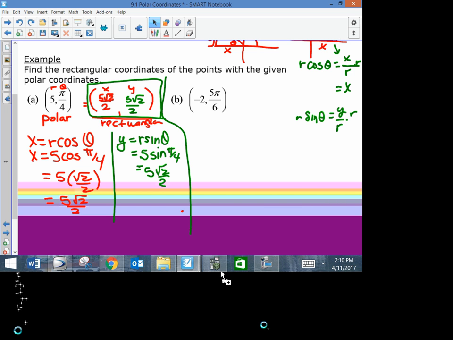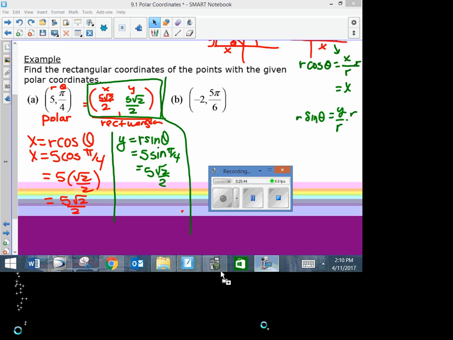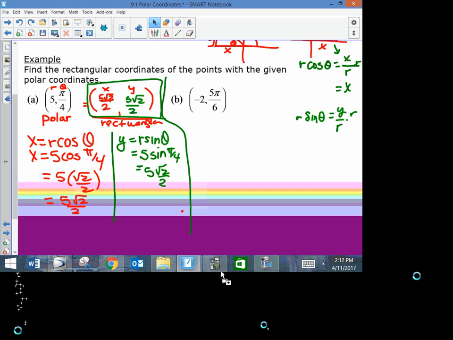Try it. And then I'll look around and see different ways we can approach this. I'm going to start the same way. x equals r cosine theta. r is -2, theta is 5 pi over 6.